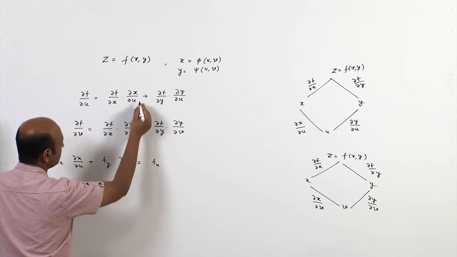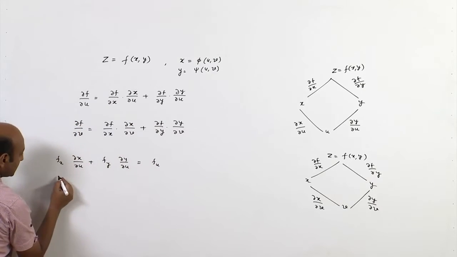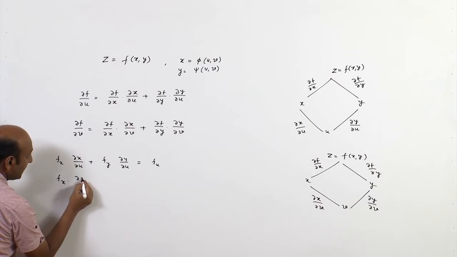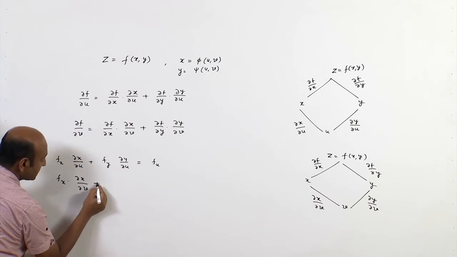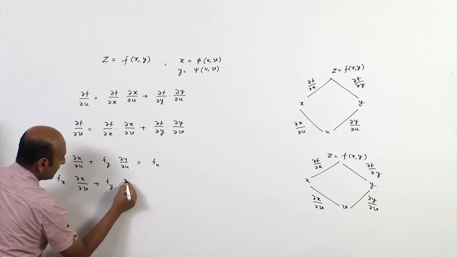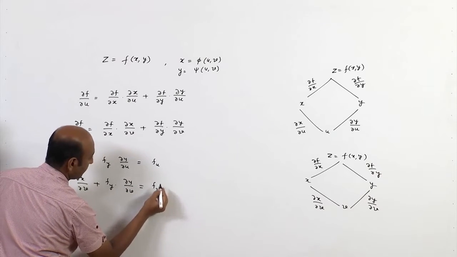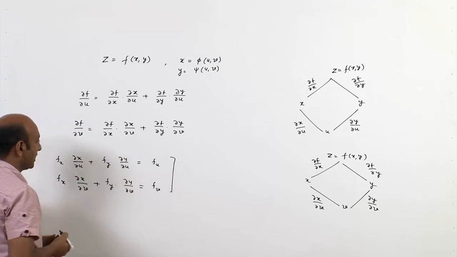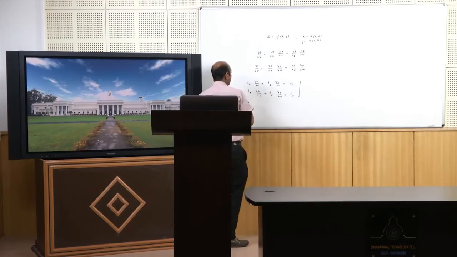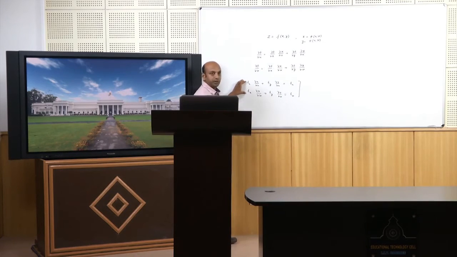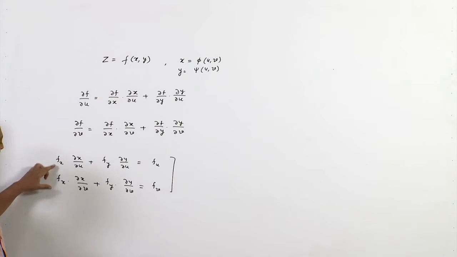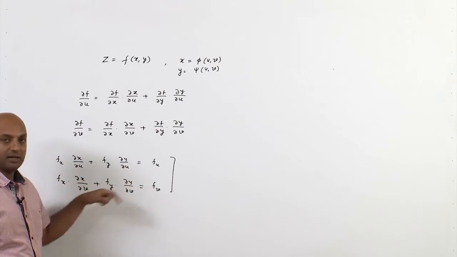The second equation is f x into del x by del v plus f y into del y by del v is equal to f v. These are the two equations we have, a system of equations. Let us try to compute f x and f y in terms of f u and f v.